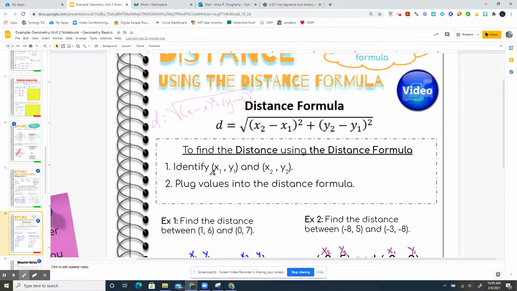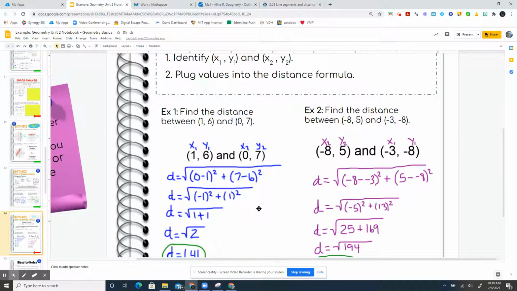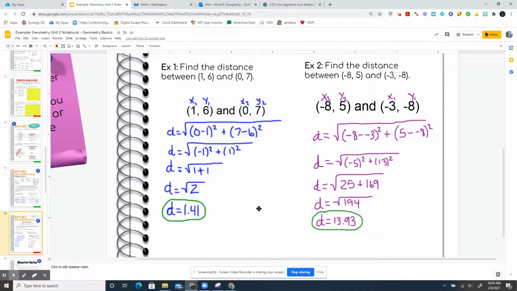Here, you're going to identify 2 points, x1 and y1, and x2 and y2. It does not matter which point is which. Lots of teachers tell you the first point has to be x1 and the second point has to be x2. It doesn't really matter. So you can see in this first example, we did x1, y1 first and x2, y2 second. And in the second example, we switched them around, x2, y2 and x1, y1.